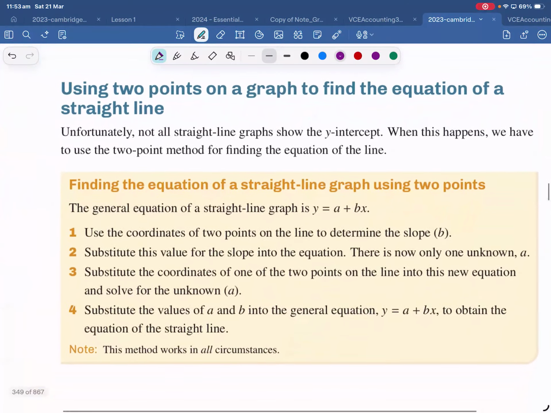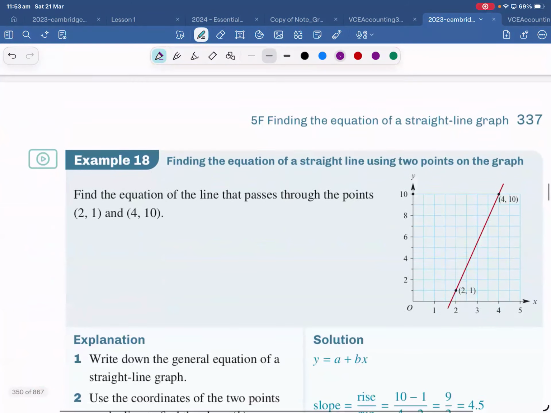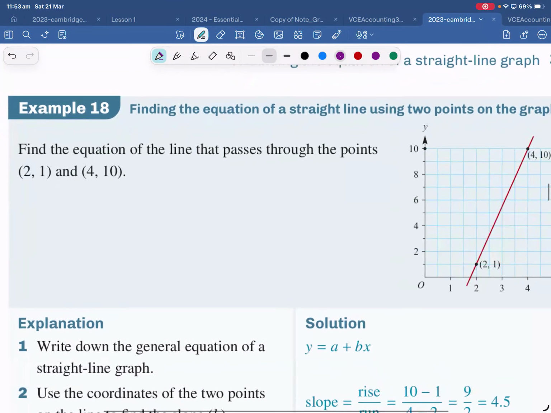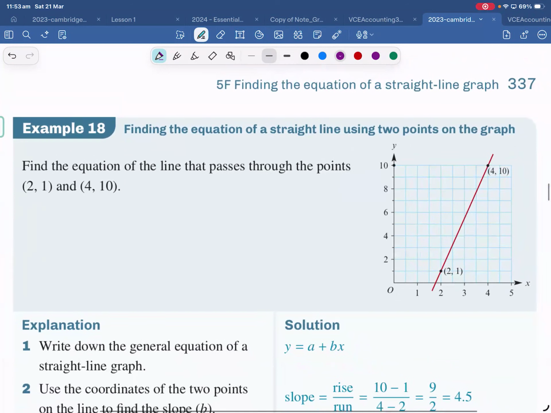Okay. Now we are doing the same thing. Find the equation of the line that passes through the points 2, 1 and 4, 10. When we have been given this, maybe we would be given the graph or we were not given the graph.